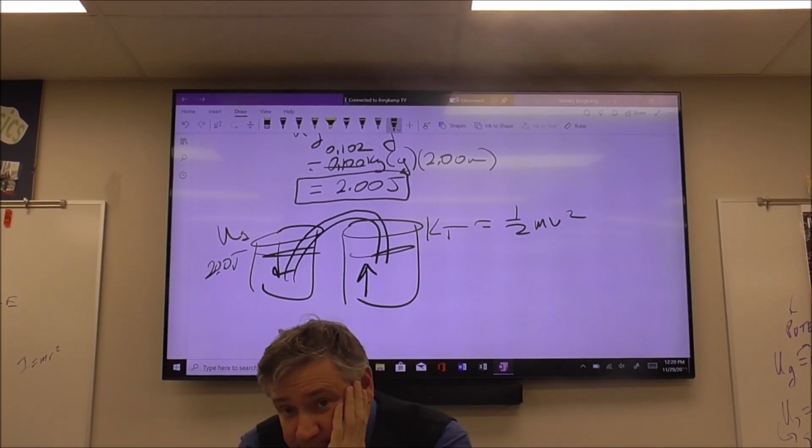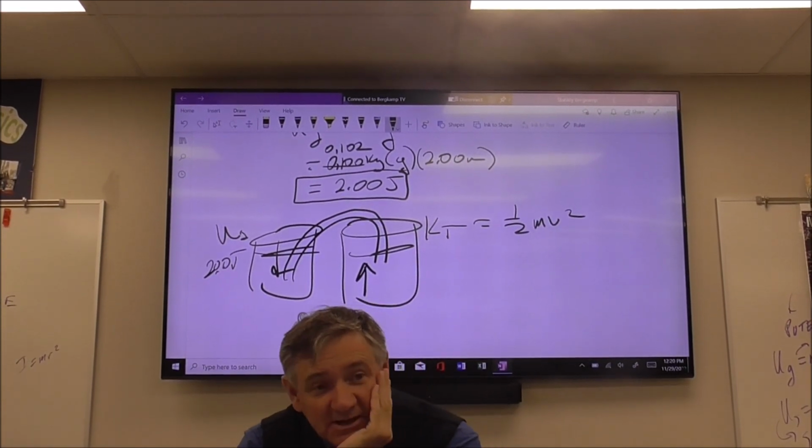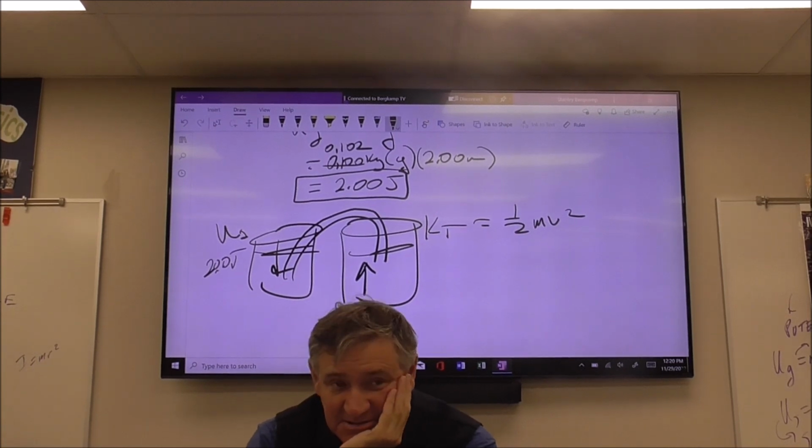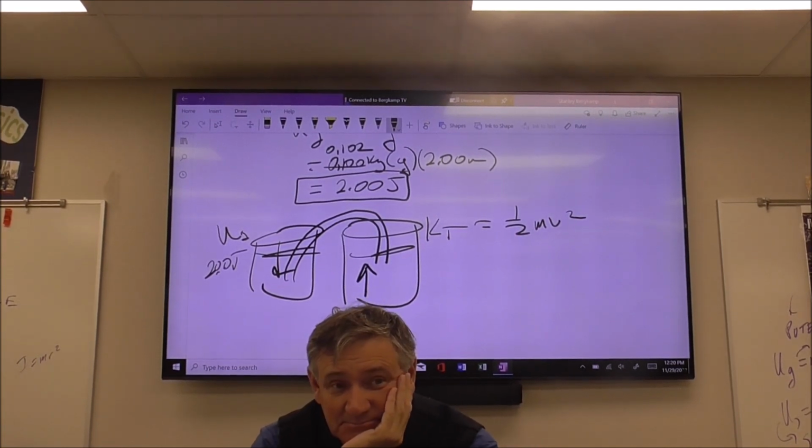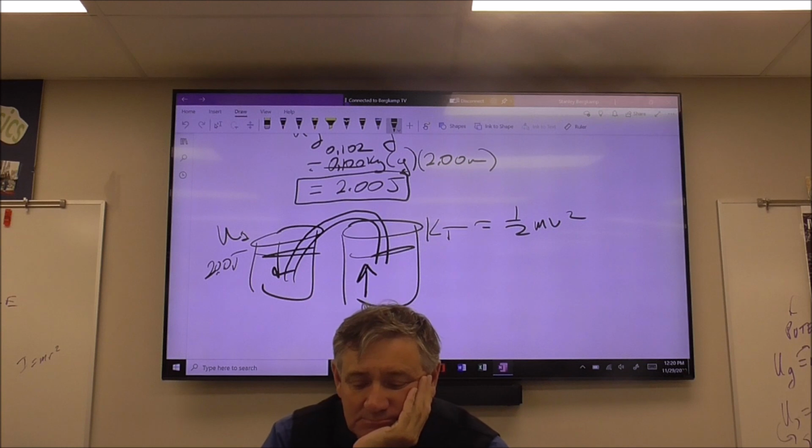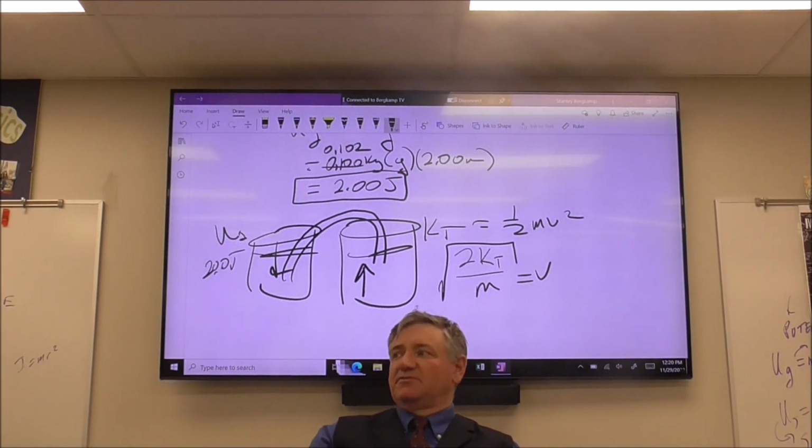Valid point, right? So, Ella, what does this equation look like solved for velocity? V equals the square root of 2 KE over mass. Beautiful. Okay? Now I'm calculating velocity.